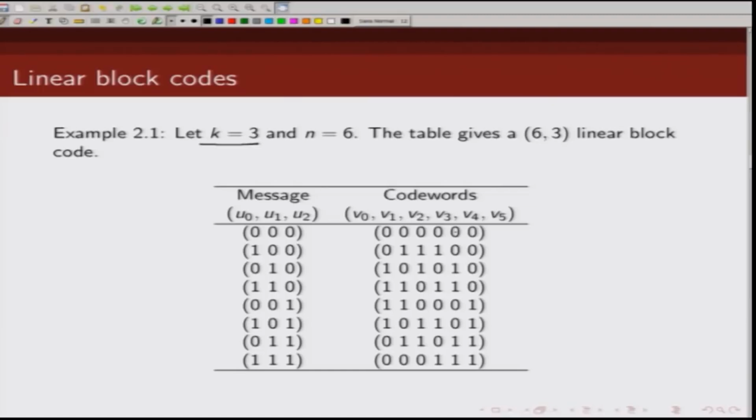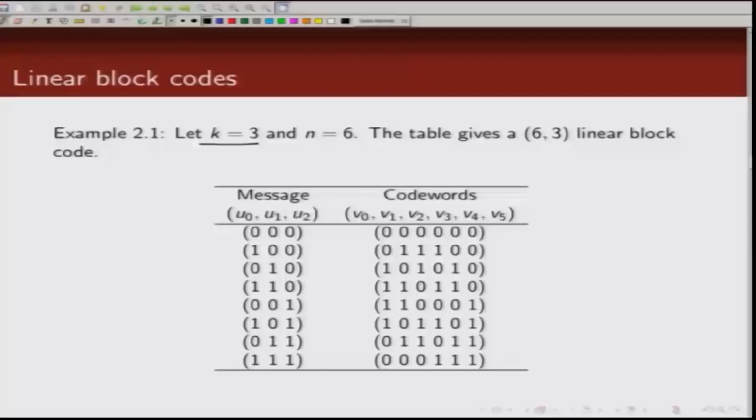So, how do we find the generator matrix in this case? We will have to look at each of these code bits and see how we are generating them in terms of message bits U0, U1 and U2.